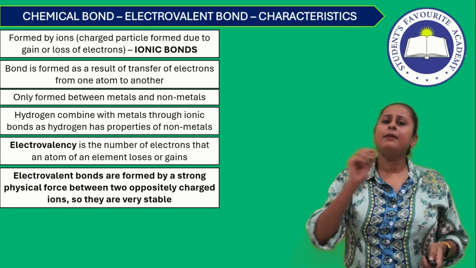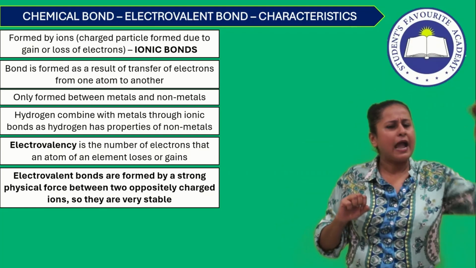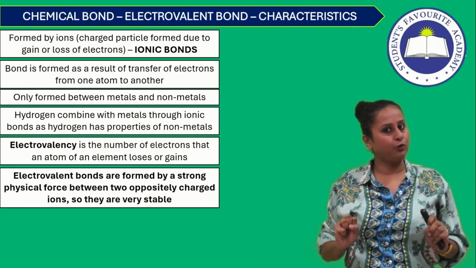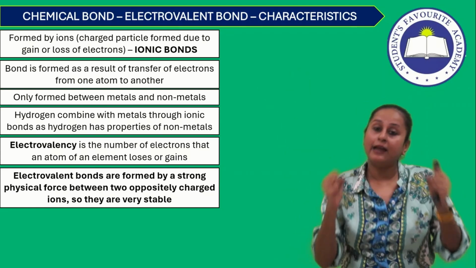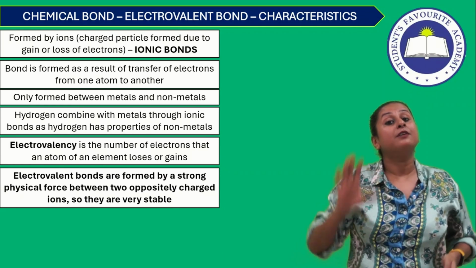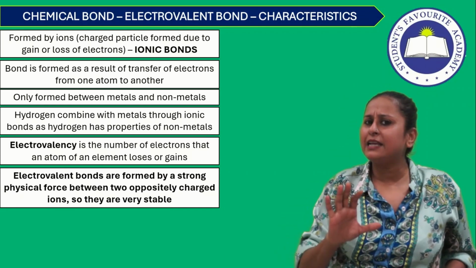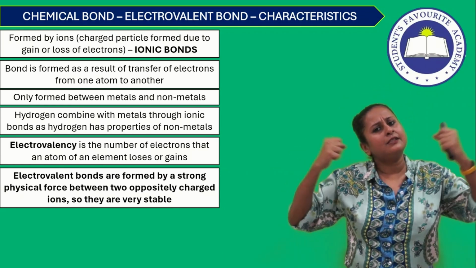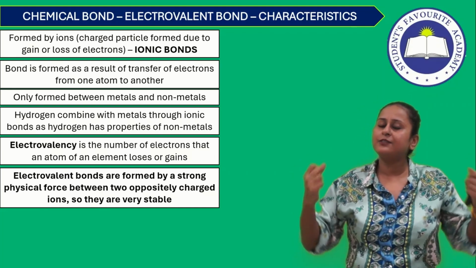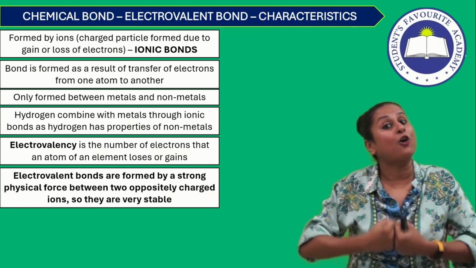So when sodium and chlorine combine with each other, highly reactive sodium and highly reactive chlorine form ions and combine with each other, it becomes a very stable bond. Why is it stable? Because two reactive substances are brought together. So two highly reactive substances are held together by a very strong bond.